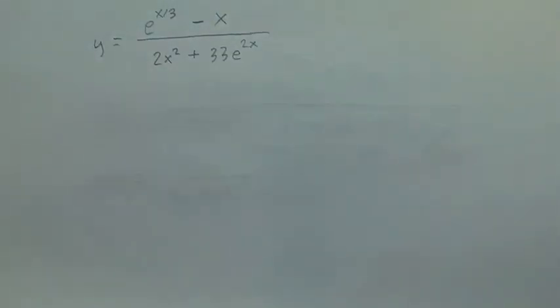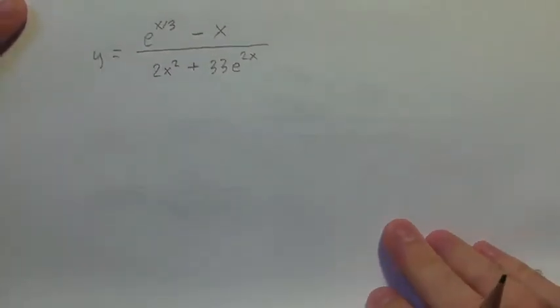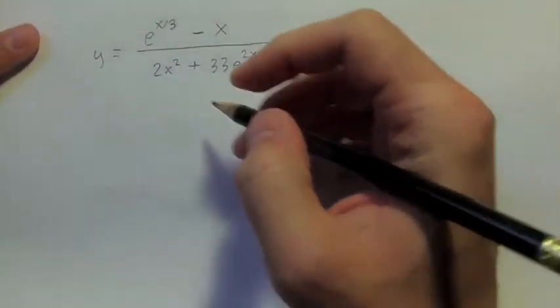And again, there isn't much for us to put into these problems yet, other than e's, x squareds, that sort of stuff, but we're going to fix that soon. But this is going to be a quotient rule. I have a function over another function.